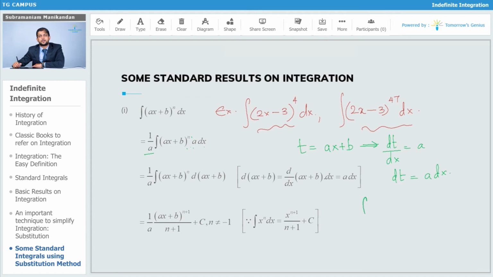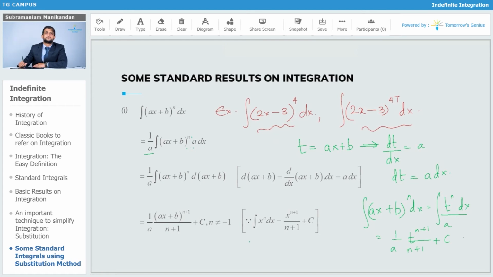So the integral of (ax + b) to the power of n dx equals 1 upon a times t to the power of n plus 1 by n plus 1, plus the constant of integration.